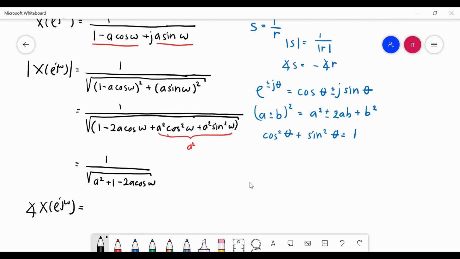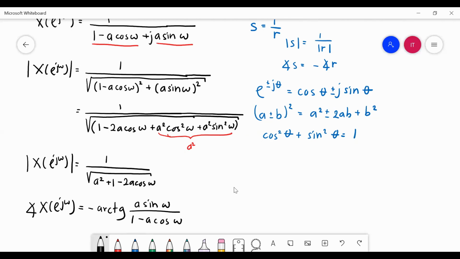When we have this relation, there is a minus here, so it's minus arctangent of the imaginary part, which we look at here, divided by the real part. Now, with this, we have both our magnitude equation and our angle equation.